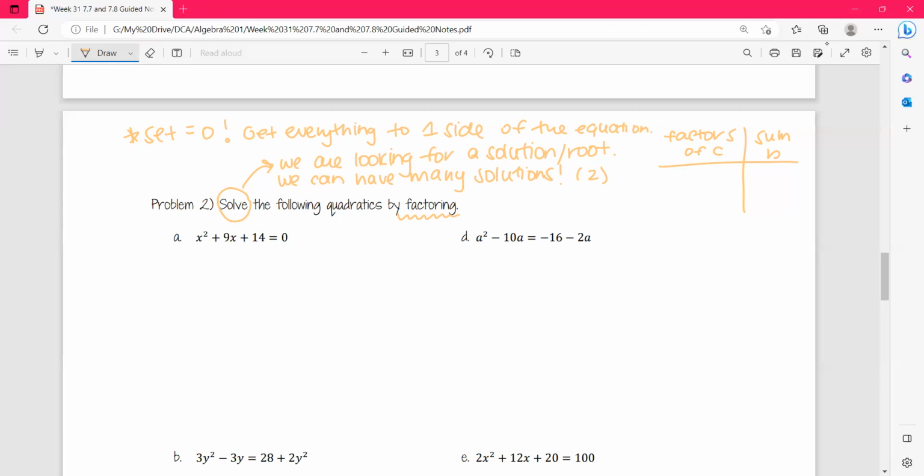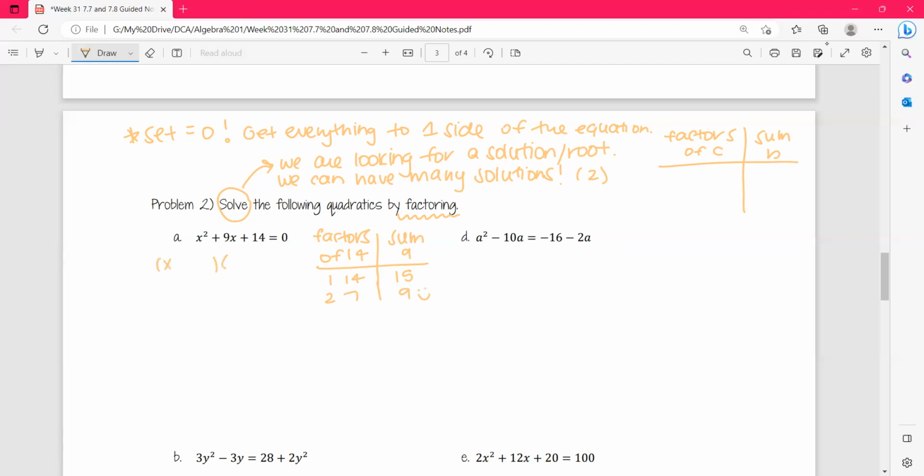So let's do the first one. I realize everything's on one side, right? It already equals 0, so I'm going to just go right to factoring. So let's make my chart. We need factors of 14, the sum is 9. So factors, I've got 1 and 14, that gives me 15. I've got 2 and 7. Whoops, amazing, that gives me 9. So we go right to my binomials.